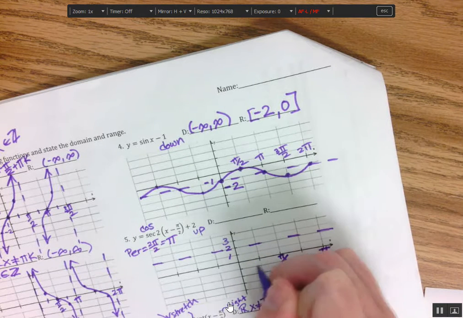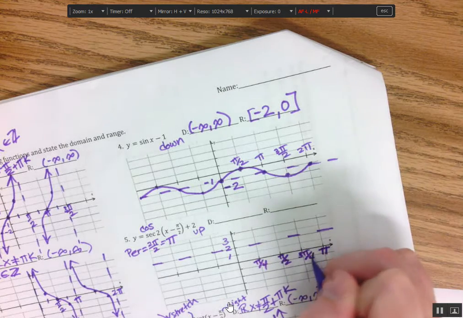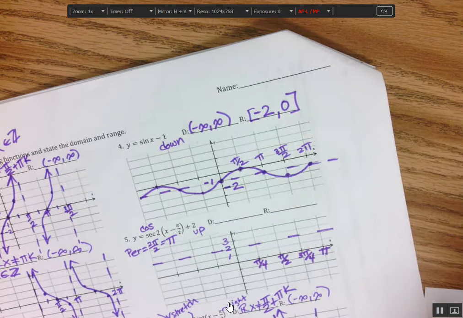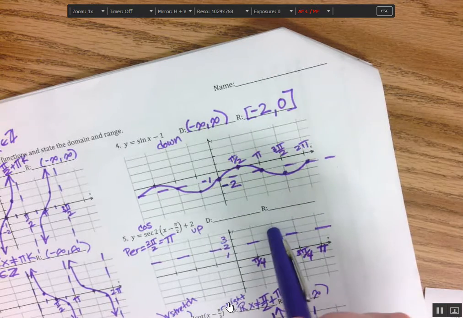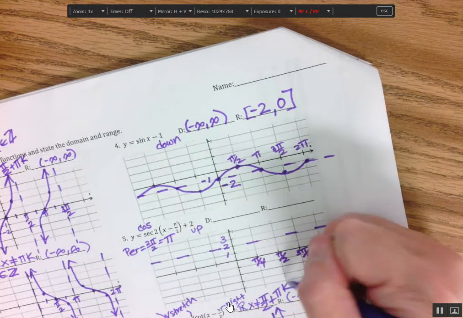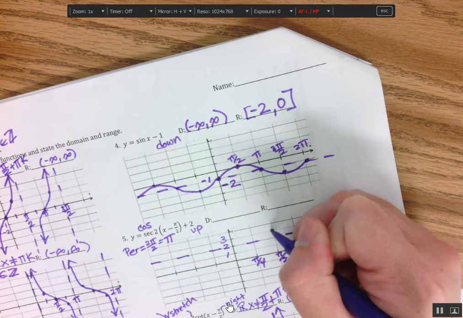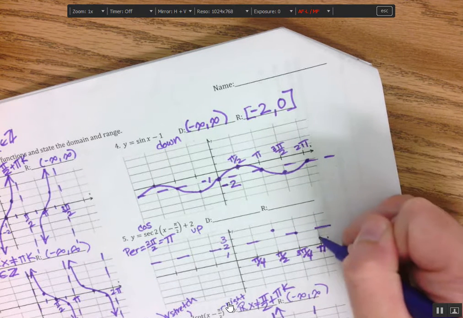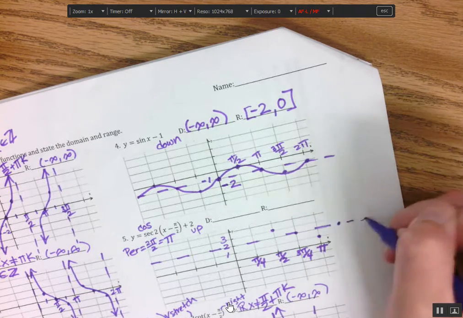Pi over 2, pi over 4, 3 pi over 4. And we need to shift right pi. So when we shift right pi, I'm starting here, and I'm going to start 1 above. Now you could keep going if you really wanted to.